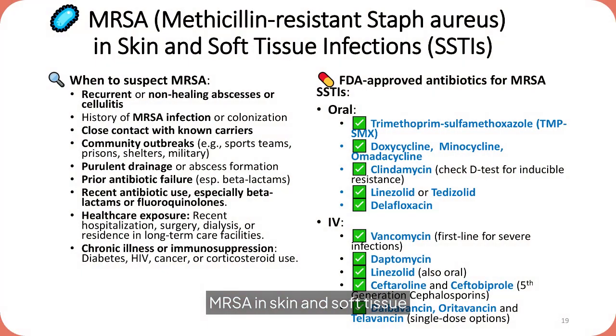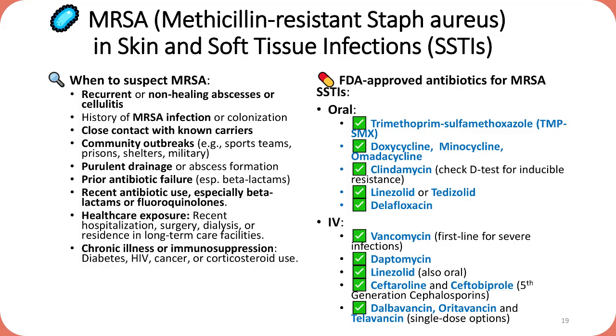MRSA in skin and soft tissue infections is a concern due to its resistance to common antibiotics. This slide outlines when to suspect MRSA and lists FDA-approved antibiotics for treatment. MRSA should be suspected in recurrent, non-healing skin infections, prior antibiotic failure, or settings with known MRSA outbreaks.